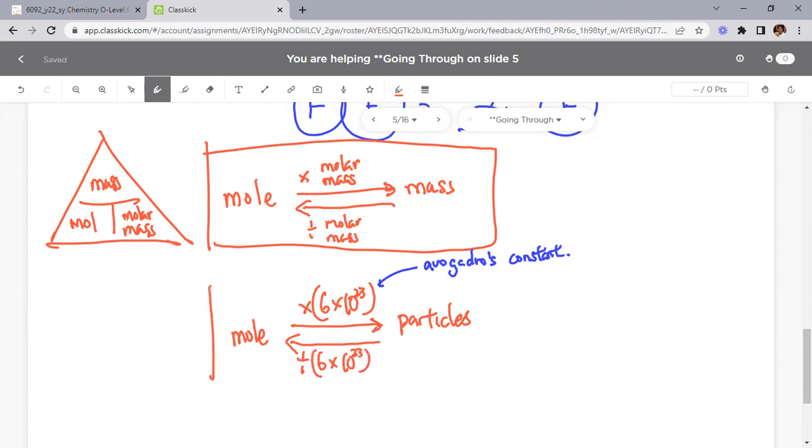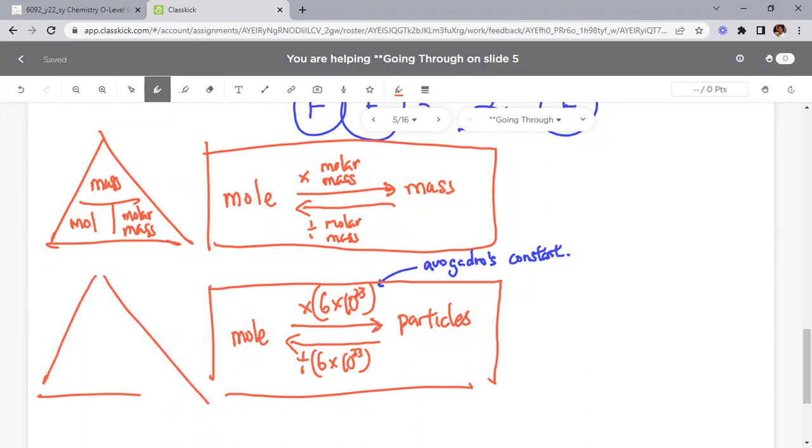So we have done this. And the triangle, for those who are more familiar with triangle, is mole, this is 6 times 10 to the power 23, and this is the particles, to be more precise, number of particles. You may say, hey, just now you said atom, molecule, all this, how come different?